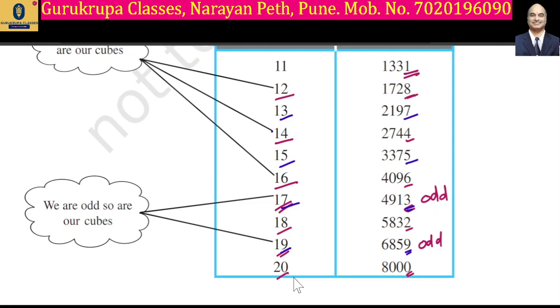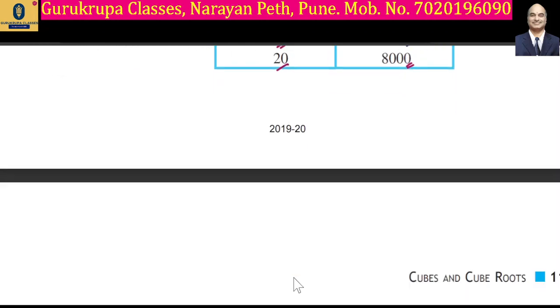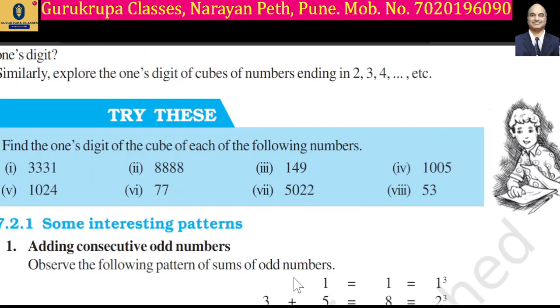So if we remember, the cube of 7 is 343, which means there is also 3 in the ones digit. So by getting those numbers, we can get the unit digit.